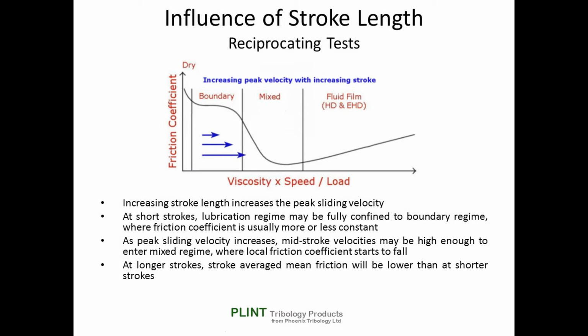As the peak sliding velocity increases, the mid-stroke velocities may be high enough to enter the mixed regime, where the local friction coefficient starts to fall. It follows that at longer strokes, hence higher sliding velocities, one would expect the stroke averaged mean friction to be lower than at shorter strokes. This phenomenon can be observed in practice.